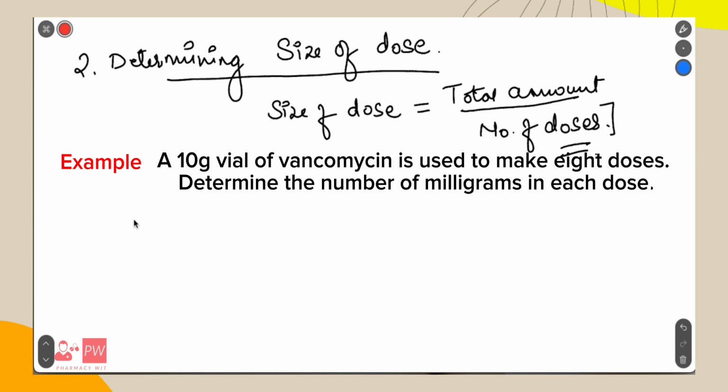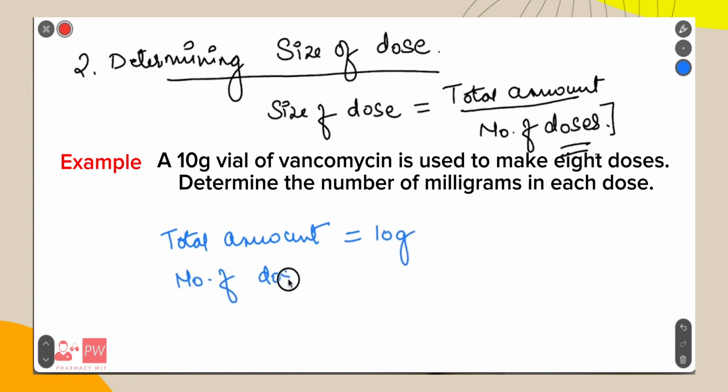So in this we have total amount ten gram and the number of doses 8. First you have to convert this gram into milligram.